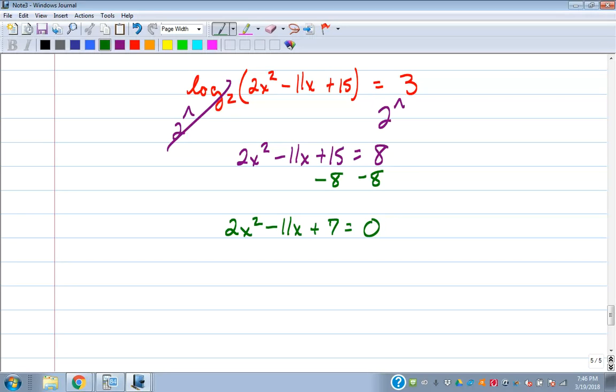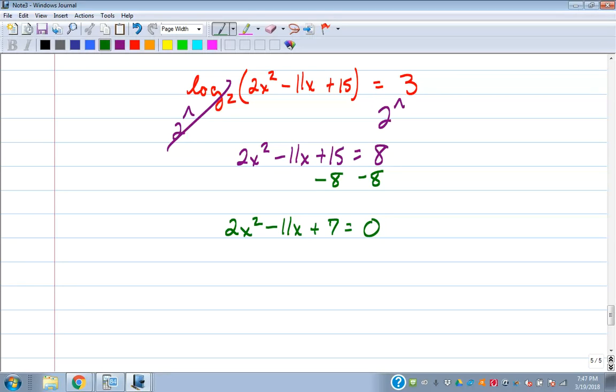Now, how do we solve that? Because it's a quadratic, I need it equal to 0 in order to solve it, because it's got the x squared on it. If it didn't have the x squared, I wouldn't have to have that.